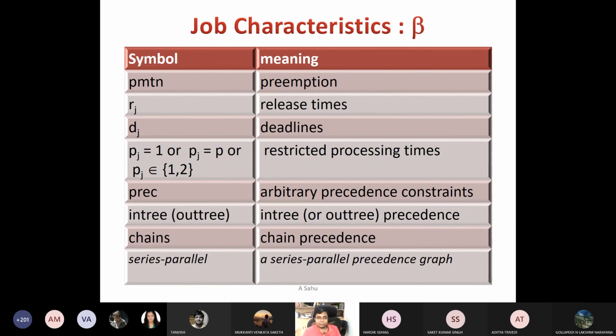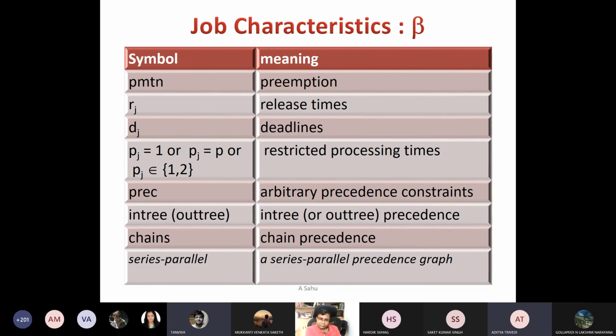Whether a precedence constraint is there, and how it is there, and whether this precedence constraint is an in-tree or out-tree. A tree is a specialized version of a precedence constraint. A directed acyclic graph and a tree are both directed, but a tree is much simpler as compared to a DAG.